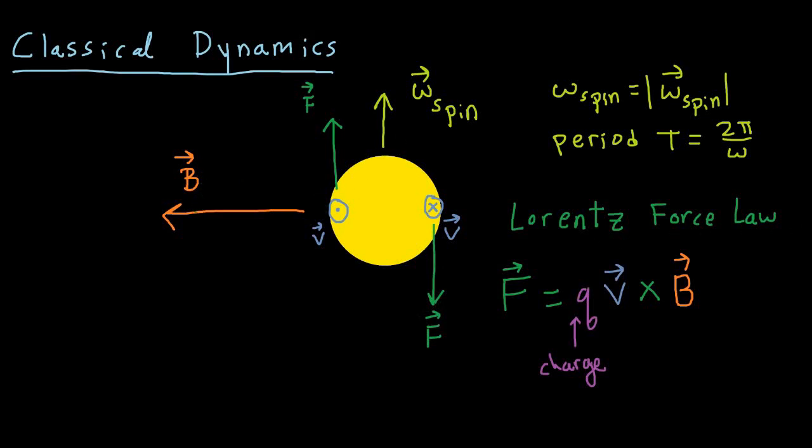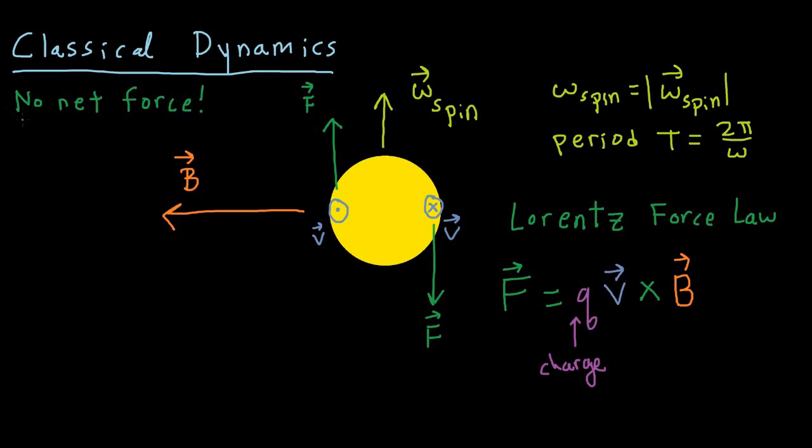So what can we see here? We can see that the force on one half of the sphere is equal and opposite to the force on the other half of the sphere. So that means that overall there is no net force on this sphere.